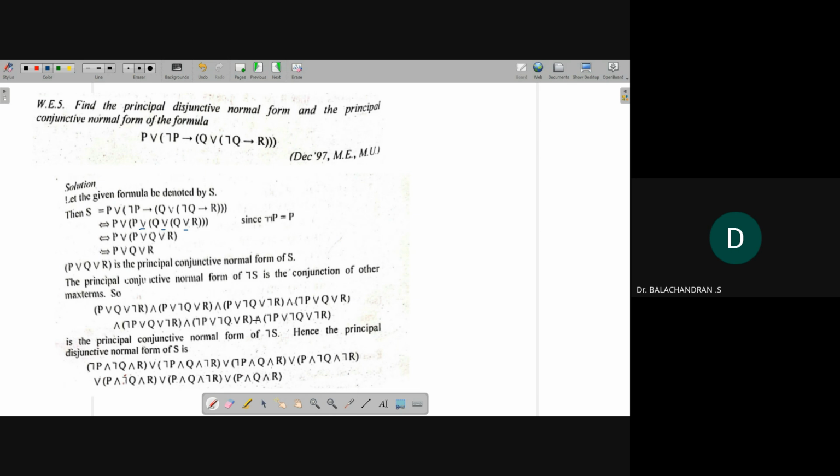These 7 are the PCNF of negation S. So now we need to find PDNF of S. PDNF of S is equal to negation of PCNF of negation S. So with negation, first you'll get negation P and negation Q. Directly they are writing negation Q and R. Here and is changed into or. Similarly, you should do the remaining thing. So you can easily check the final answer.